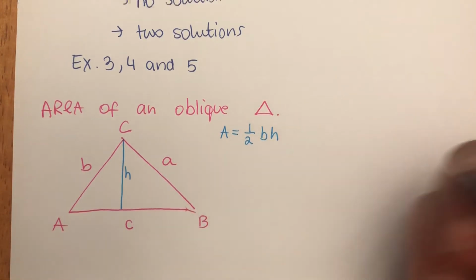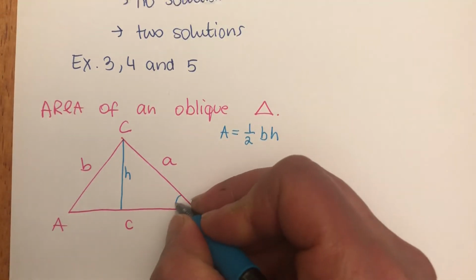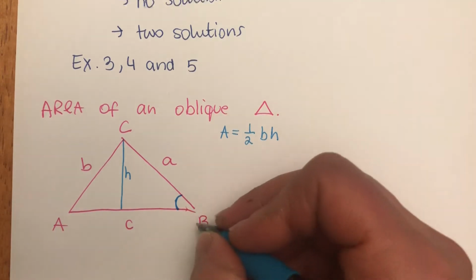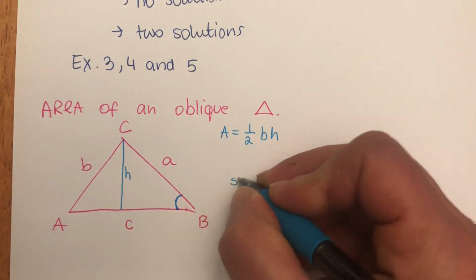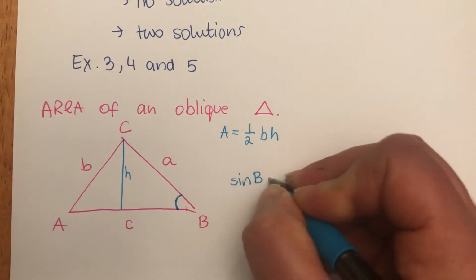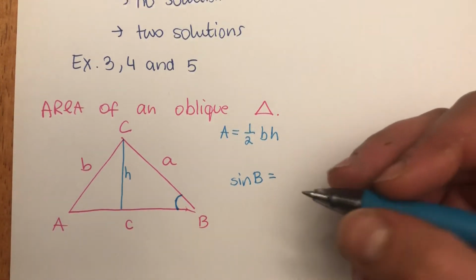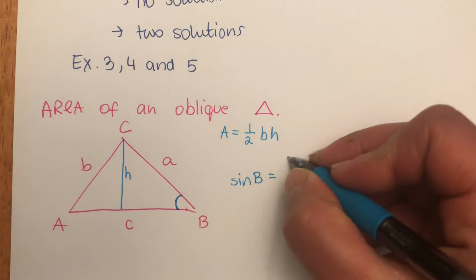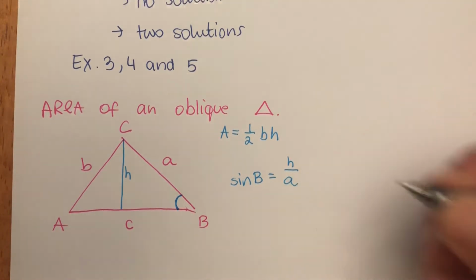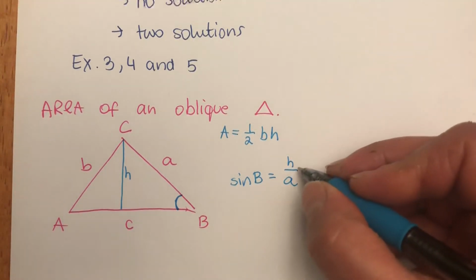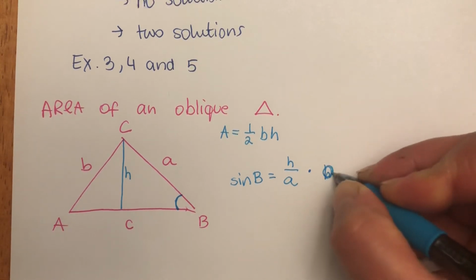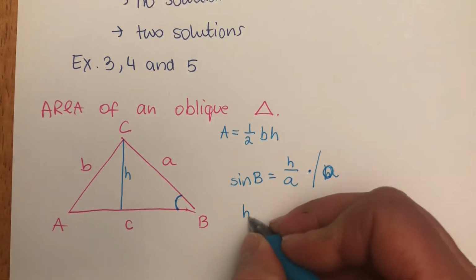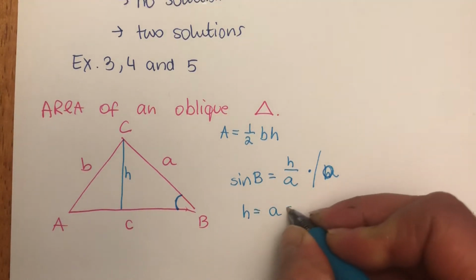Well, because we've been talking about the laws of sines, I want to think about this for a second. What is going to happen if I say sine of B? Well, everybody remembers SOHCAHTOA, so sine of B is equivalent to h over A. Okay, very nice. Let's see what the h is equal to from this equation. So if I multiply both sides by A, I will get that h is equivalent to A sine of B.